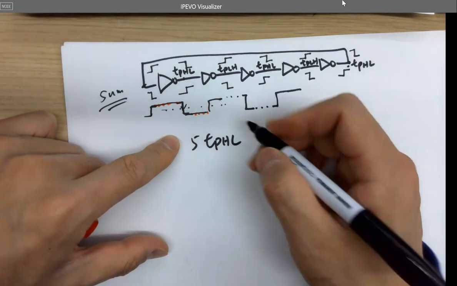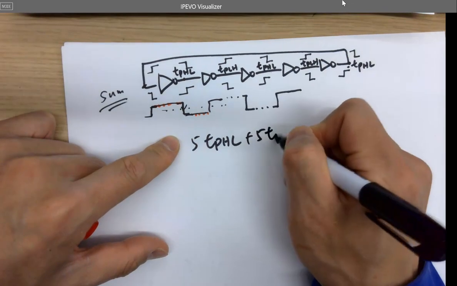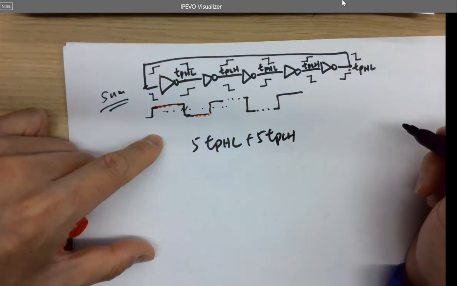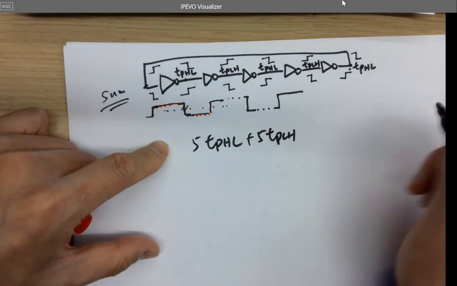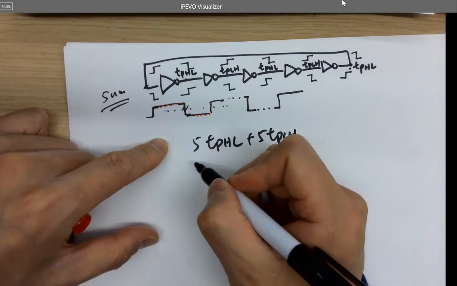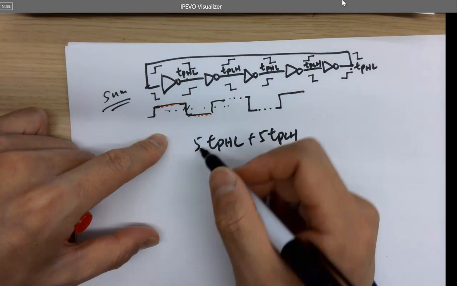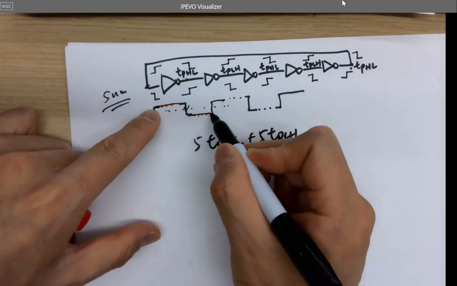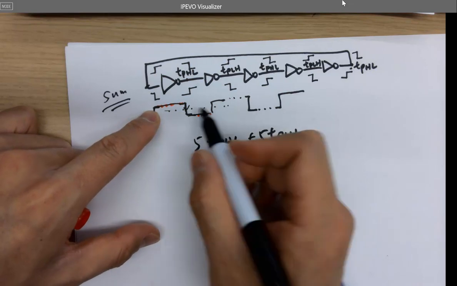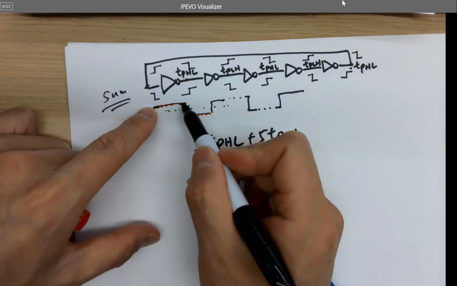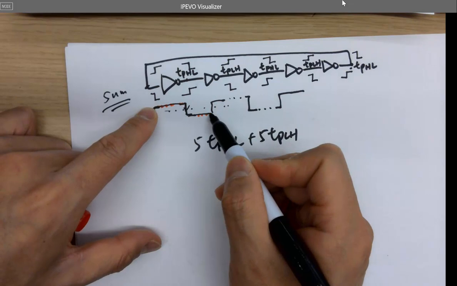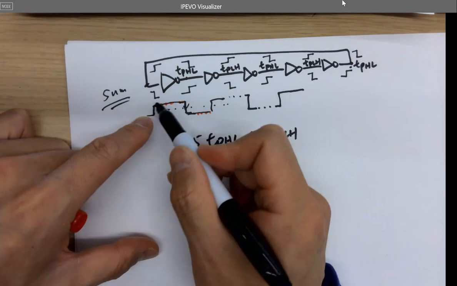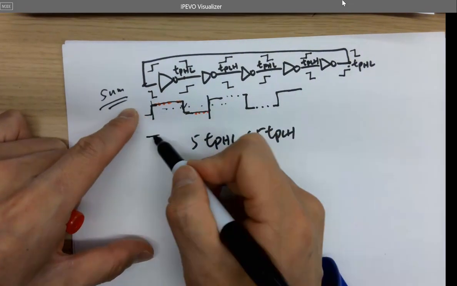And same for the other one. So I have 5 TPLH as well. So if you add them together, this forms one period of the square wave. So one period means it has 5 volts and a low, and 0 volts involved, right? So this is one period. So this is T.